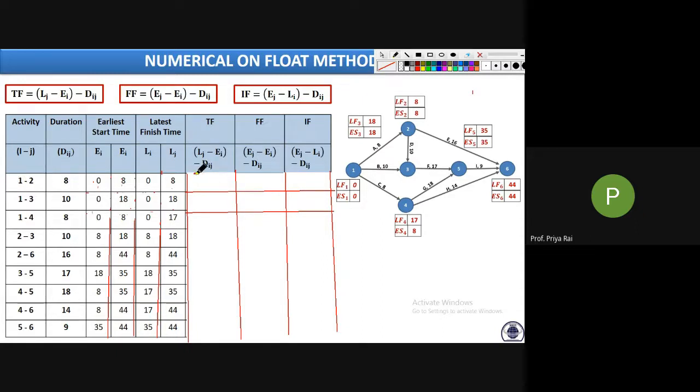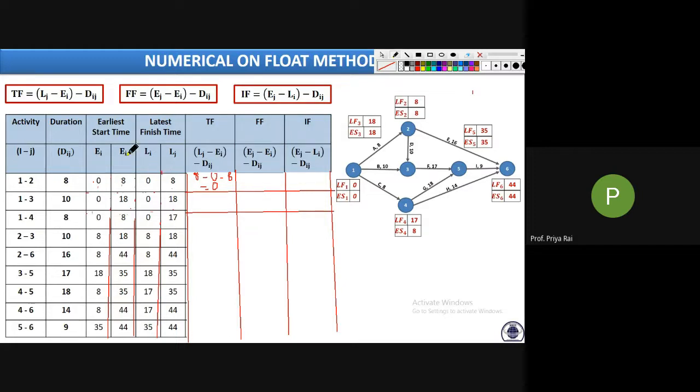Lj is 8, so 8 minus Ei, which is 0, minus Dij, which is 8. So 8 minus 0 minus 8 is 0. Similarly for free float, Ej is how much?